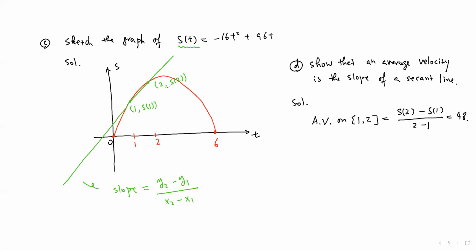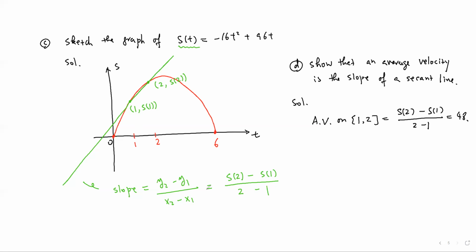Now y2 minus y1. Which point is y2? Doesn't matter. Let me choose s of 2 as y2. So s of 2 minus s of 1, then over x2 minus x1. The x coordinate of this point is 2 minus the x coordinate of this point, 1.